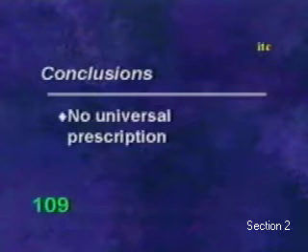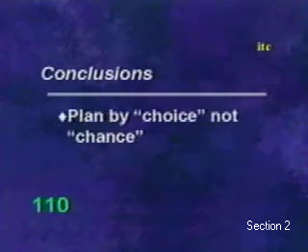There is no universal prescription. Technology-based development planning must be by choice, not by chance. Conviction, determination, resolution, and above all, a strong political will are necessary to achieve the transformation.